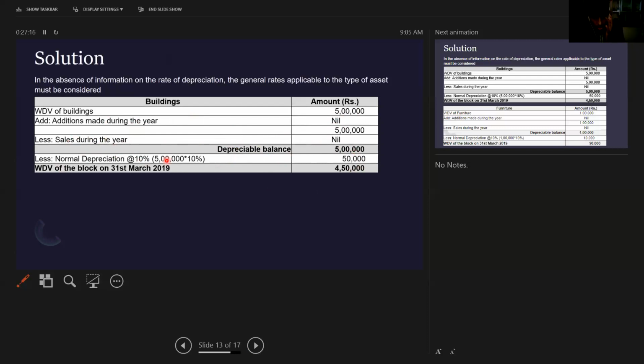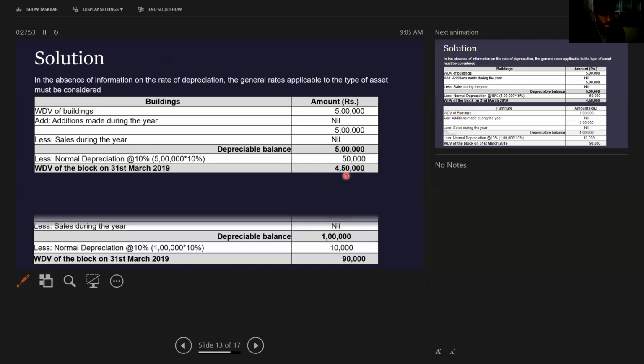As I told you, when we have the depreciable balance after adding and subtracting, with that amount only we have to calculate normal depreciation. So normal depreciation for buildings is 10%. 5 lakhs into 10% is nothing but 50,000. So the written down value of the block on 31st March 2019, the closing date of the previous year, is 4 lakh 50,000.